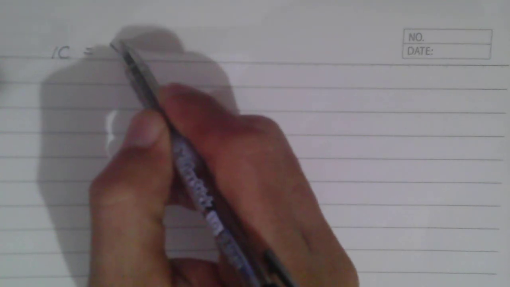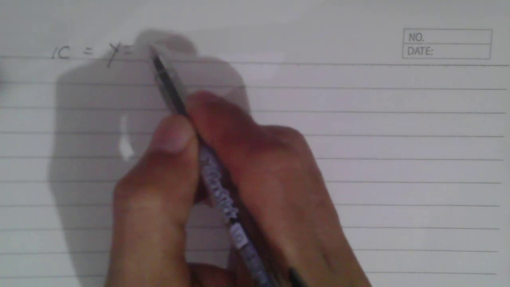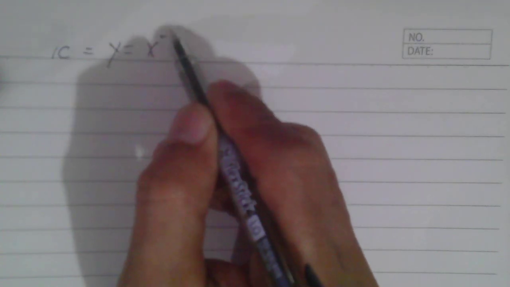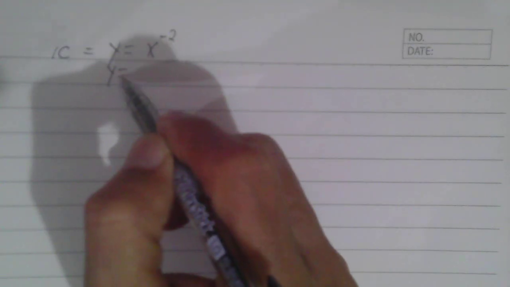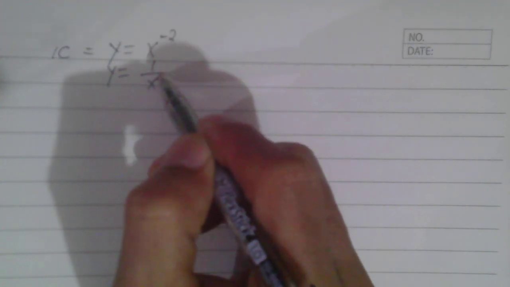Let's say our IC, the indifference curve, is given. The IC is given; for example, I'll give you x to the power of negative 2, which is equivalent to 1 over x square.